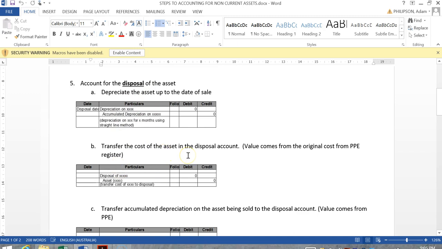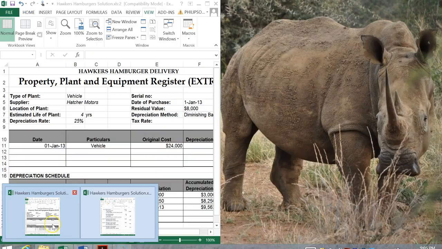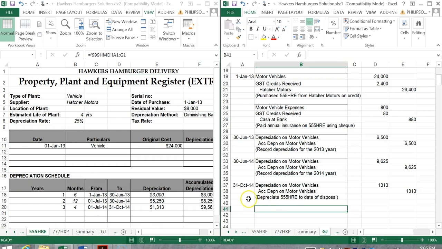So then our next step: transfer the cost of the asset into the disposal account. So same date, 31st of October. Here's our cost of our vehicle. It's in the asset account, which is a debit.